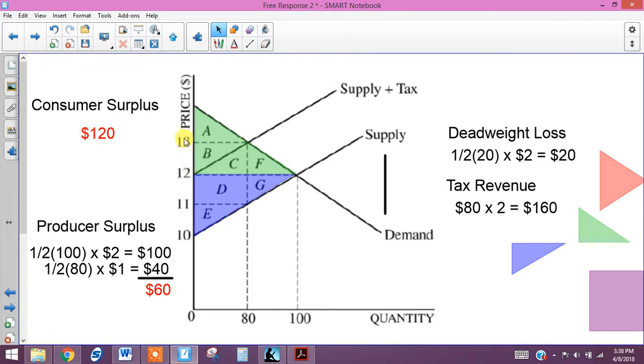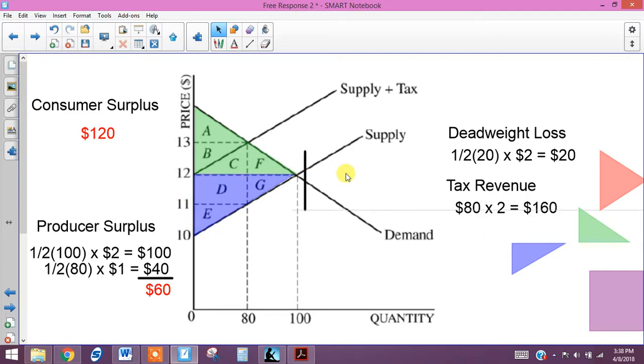So the consumers, the buyers, are only going to have to absorb half of this $2 tax. You see that the tax is actually $2 from here to here, or you can look anywhere along here, and you can easily see that the amount of the tax is $2.